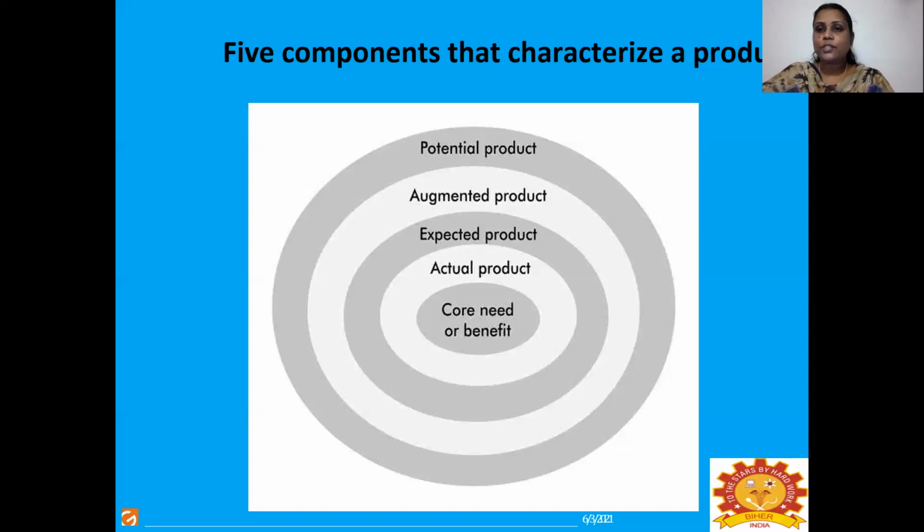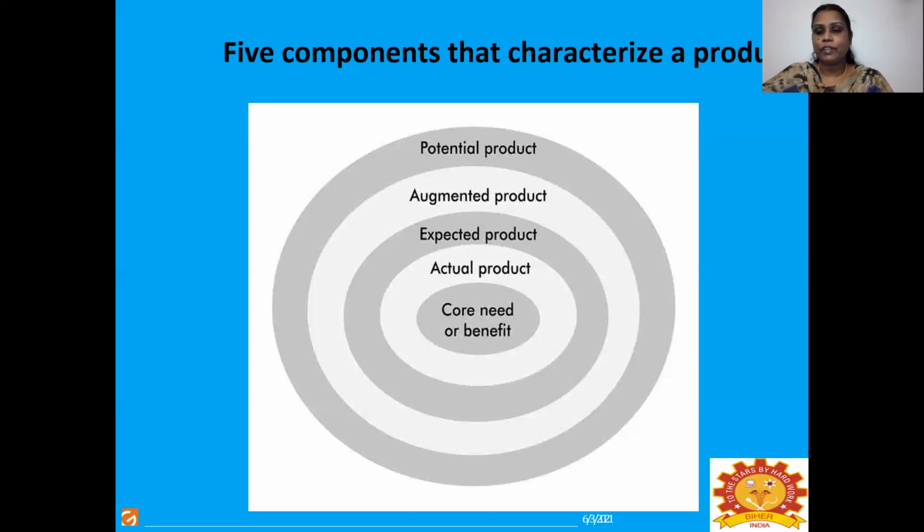The data about this identification of needs you get from your marketing research. Based on that, you start to create a product and you show the customer, this is the need that is there, and therefore this is the product that will meet you at the point of your need. So the very reason that you give why a customer should buy your product is called the core need or the benefit.